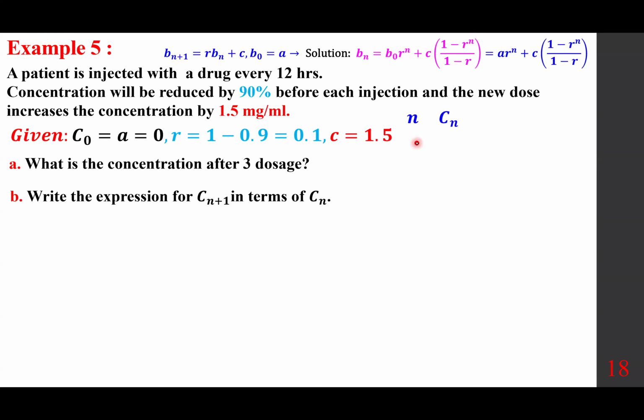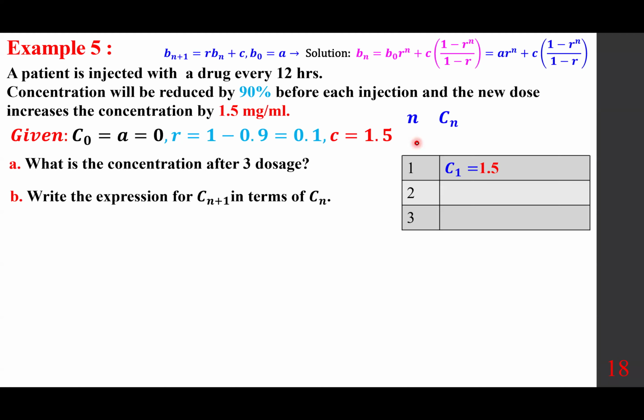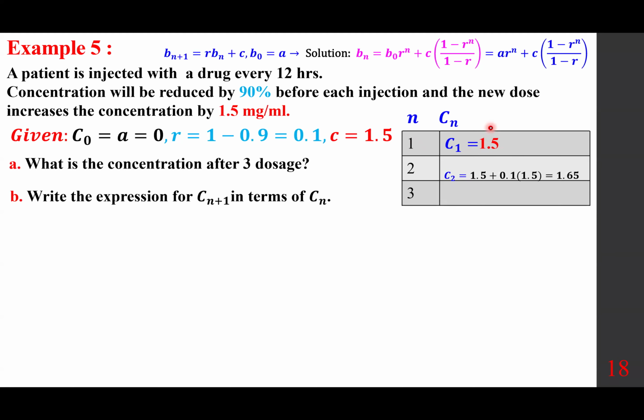Now, here's the table. Obviously, the first dose is 1.5. We want 3 dosages. What is the second one? Again, we give him 1.5 and then 0.1, 10% of this remains. That means 0.15 and 1.5, 1.65.